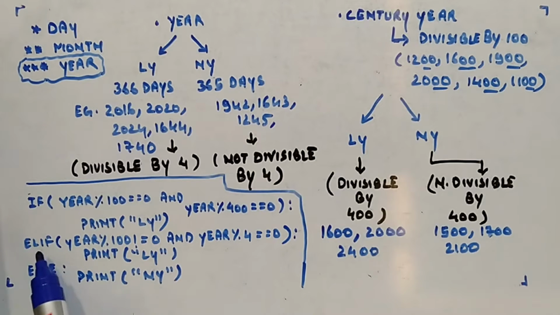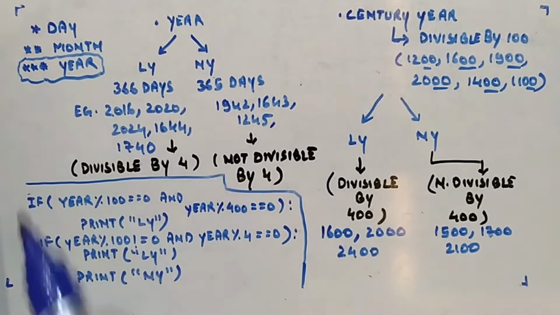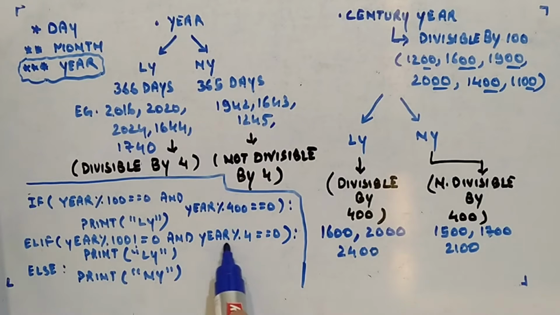Else if the year is not divisible by 100, see, the not sign is there, and the year is divisible by 4, you can see year divided by 4, if the remainder is 0, then print leap year.